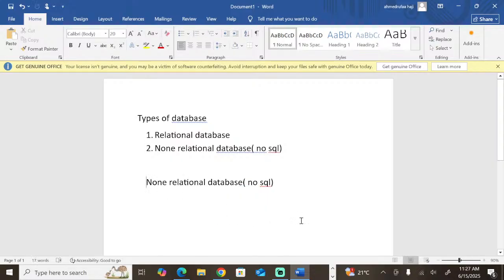So this one organizes data in a different way, right? So that is what it means. Let me just open a photo that can explain it properly. When you see that photo, you'll be able to understand what I mean.